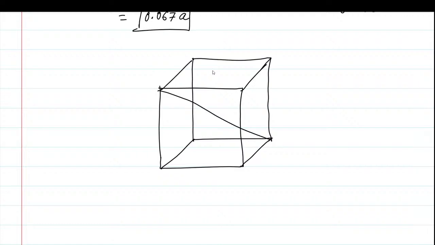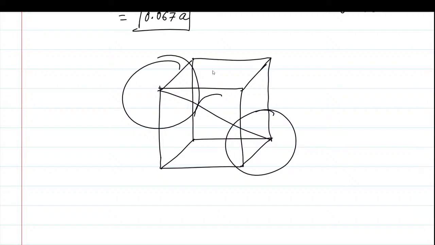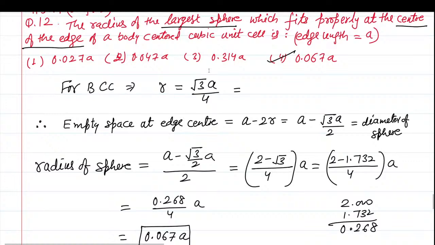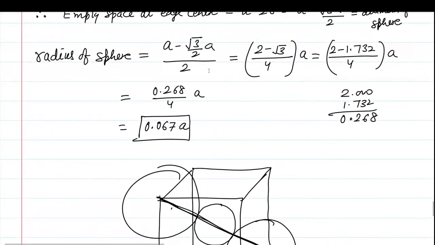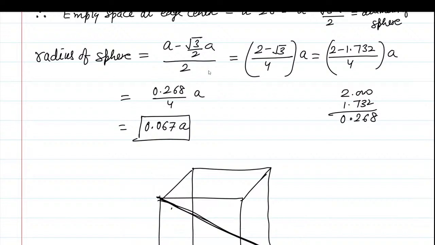Because you know for BCC, along the body diagonal, this is one sphere, this is the other sphere. Sorry, it is the center of the edge.